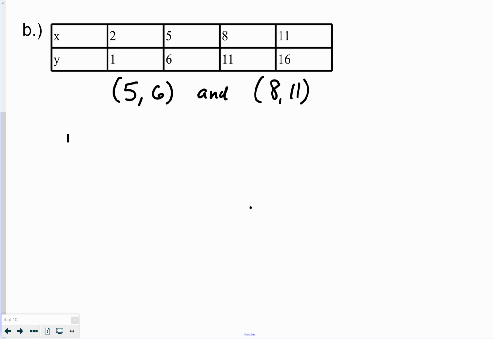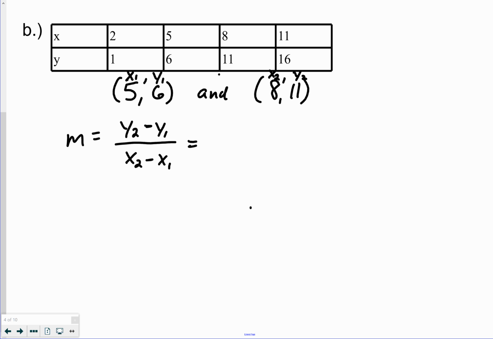Excellent. Very good. So we have the slope is the change in our y over the change in our x. Whenever I do a problem like this, I always pick that this is going to be my first x and y, and this is going to be my second, whatever way I list them. You don't have to. It's up to you. But I'm going to put this as x sub 1, y sub 1, and this is x sub 2, y sub 2.